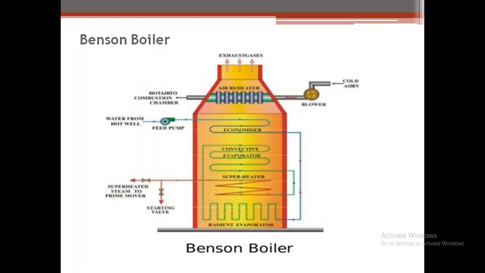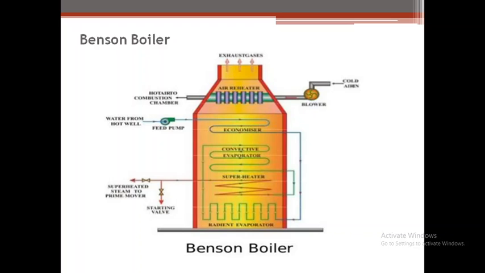Capacity. Let us talk about the capacity of this boiler. The capacity of this Benson boiler is about 150 tons per hour at a pressure of 210 kgf per square centimeter at a temperature of 650 degrees Celsius.